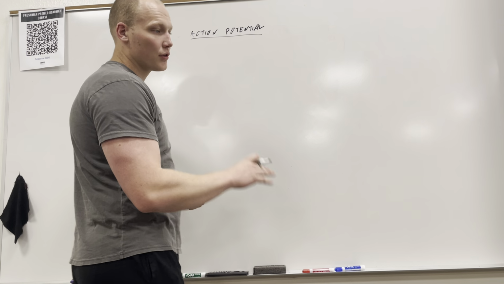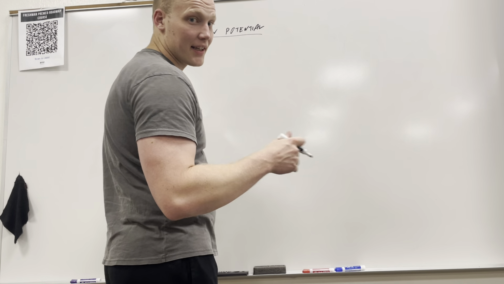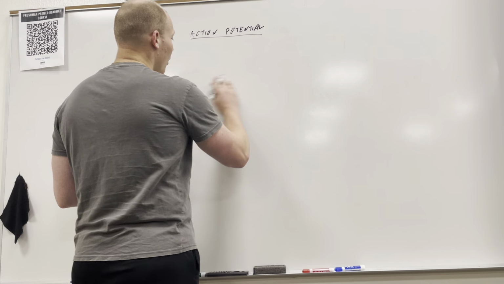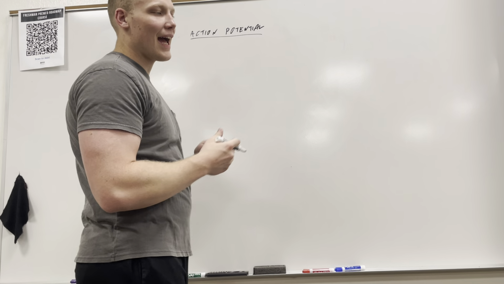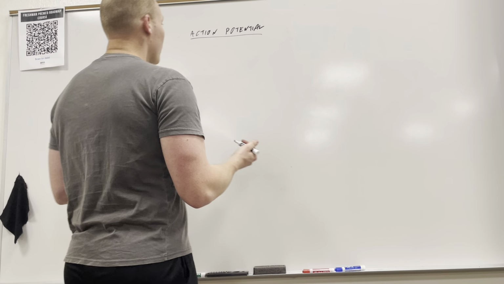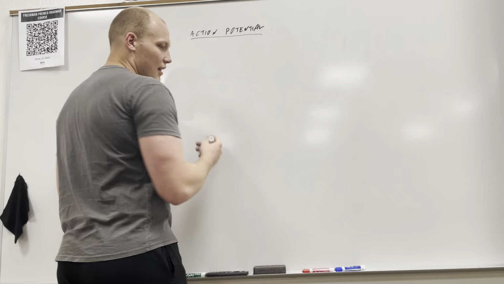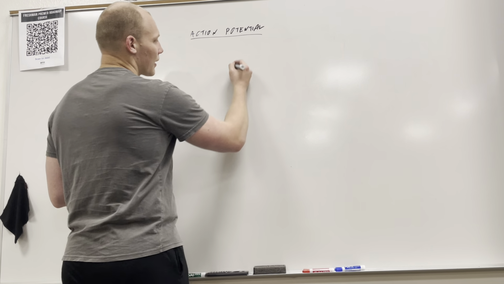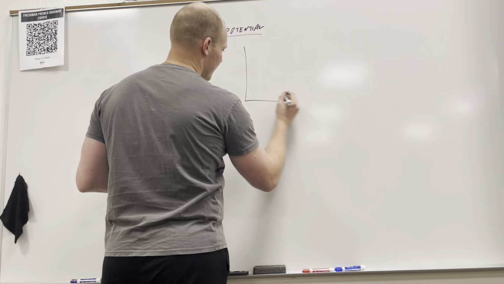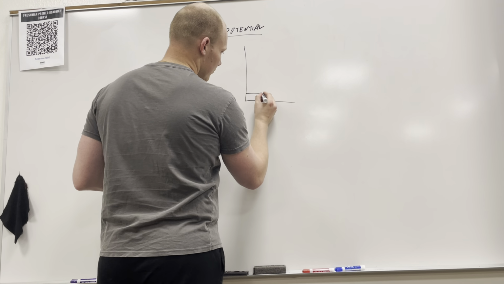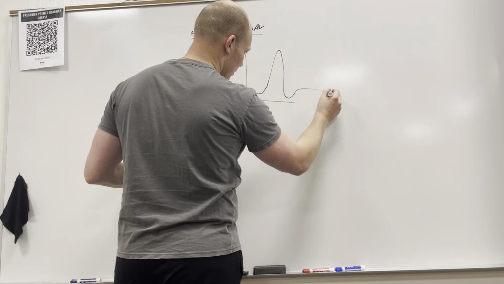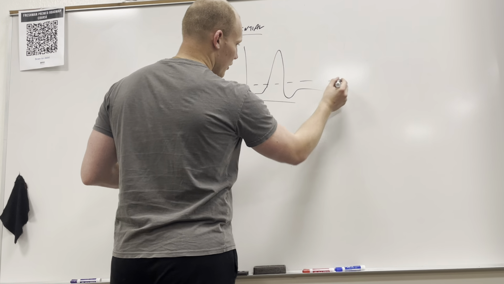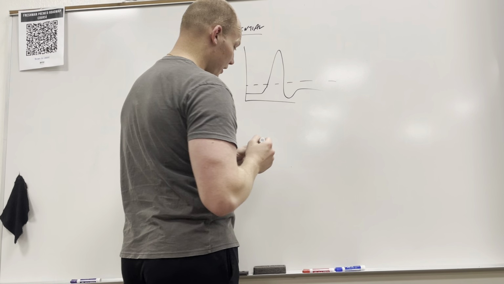You hit threshold, you have an action potential. You're sending that action potential and it's going. Graded potentials, they can add on to each other. So you can think of it as an action potential, like we just mentioned. You hit that threshold, you are sending a signal, it's going.